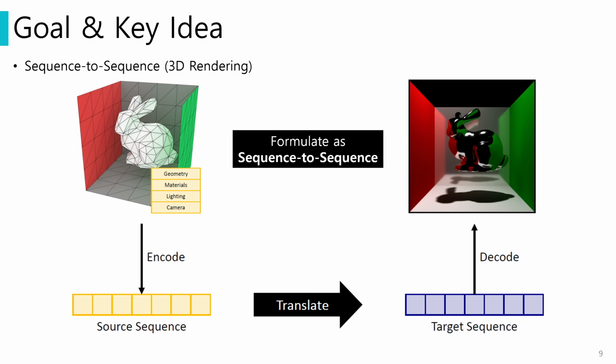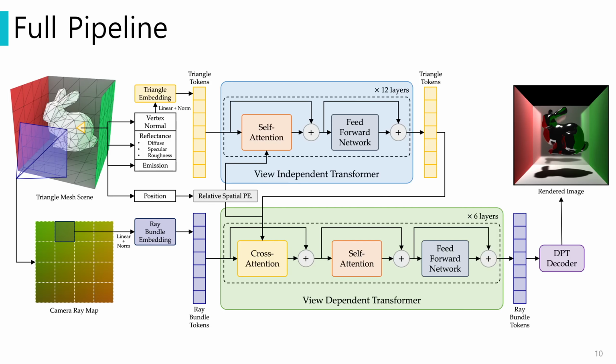The source sequence is a set of tokens, where each token represents a triangle with its initial material properties. The transformer then translates this into a target sequence. Each token in the target sequence represents the same triangle, but now it contains the final converged radiance, the result of all global illumination effects.